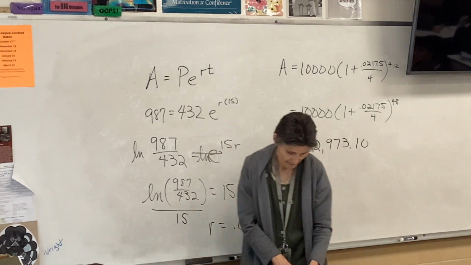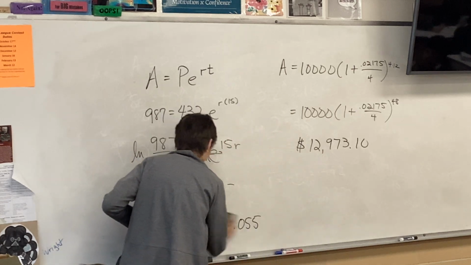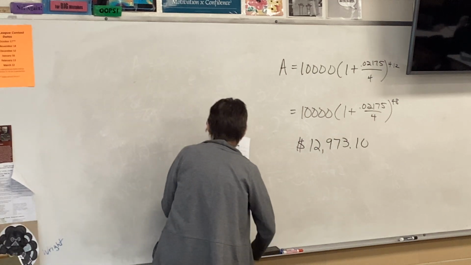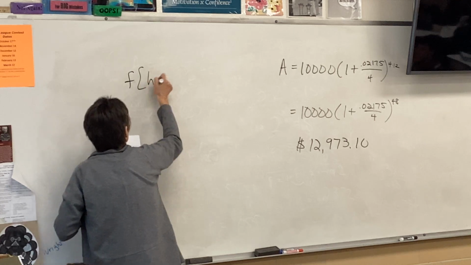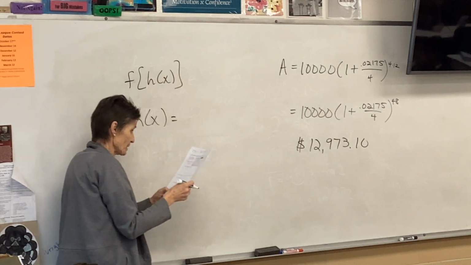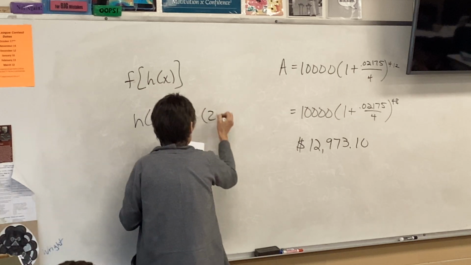Alright, so 2E says we're going to build the composition f of h of x. So I'm going to start with h of x, which is 3 times 2 to the x.